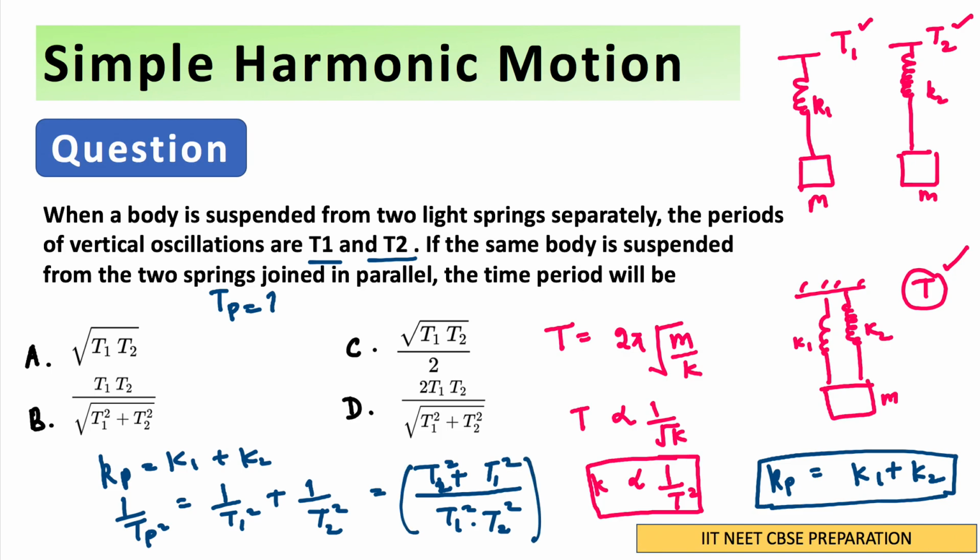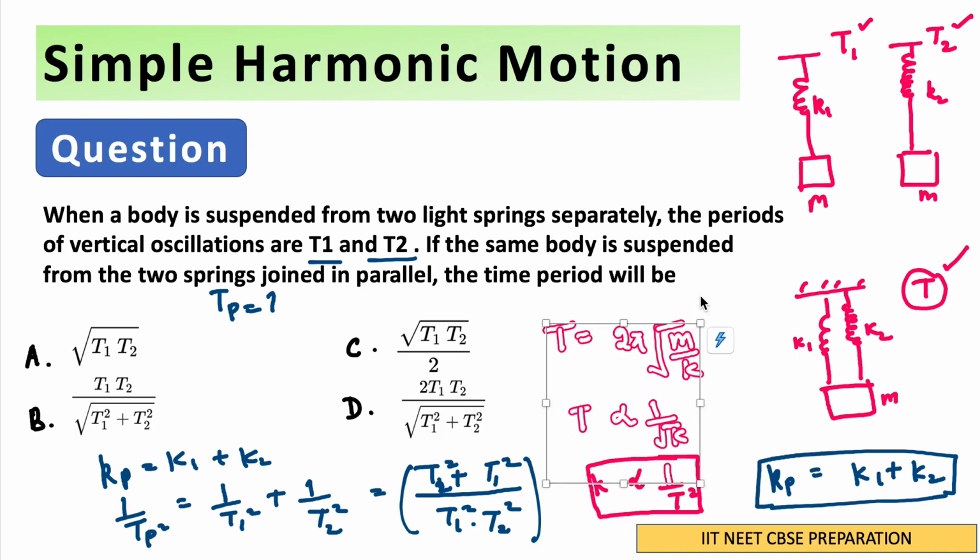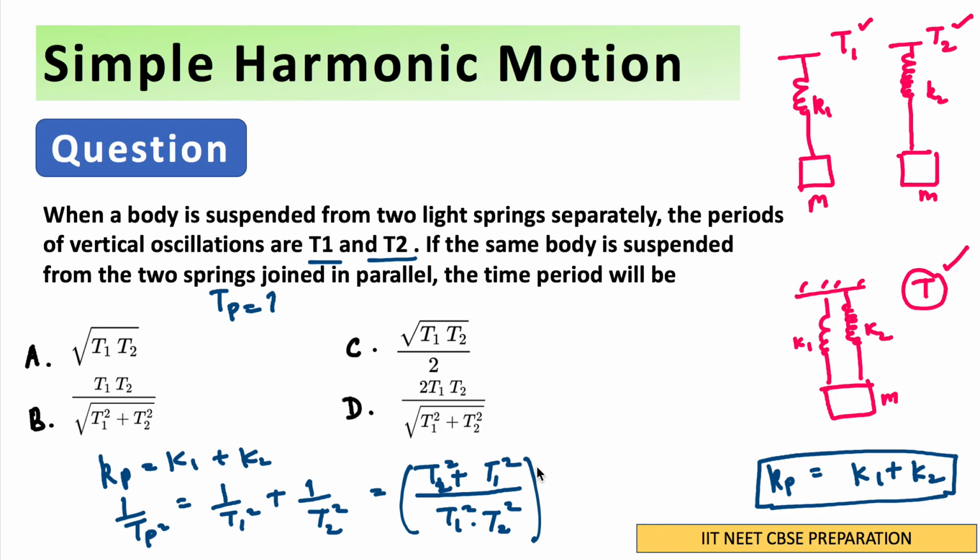So we have to find out Tp, but this result is 1 by Tp square. So you can also write what Tp is. Tp square is going to be nothing but T1 square times T2 square, I'm just writing the reciprocal of this, upon T1 square plus T2 square.